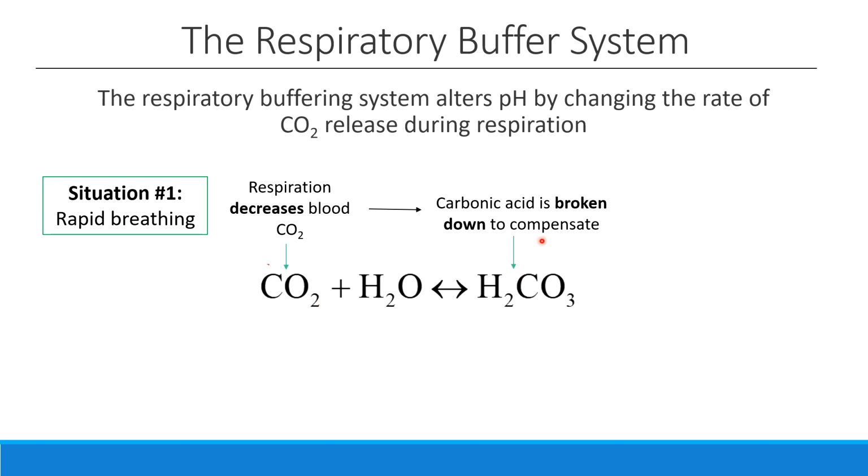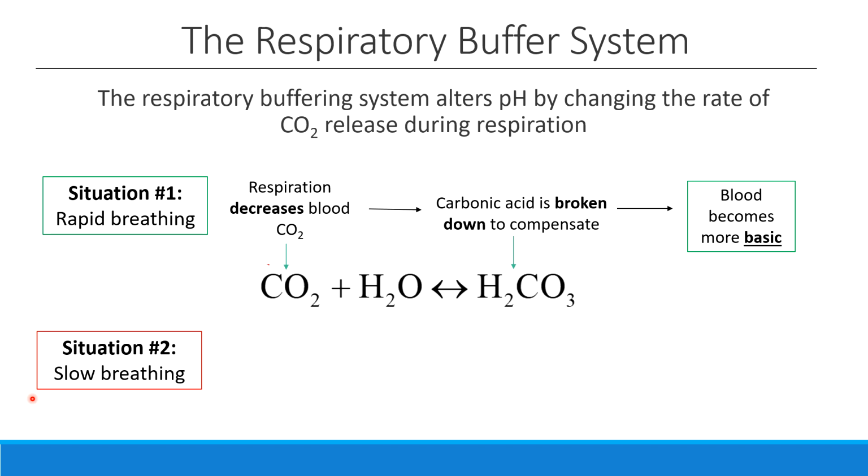If I'm breaking down carbonic acid to make carbon dioxide, ultimately what I end up doing is making my blood more basic. I'm eliminating one of the acids that buffers my blood because I released carbon dioxide. This makes my blood more basic or more alkaline.